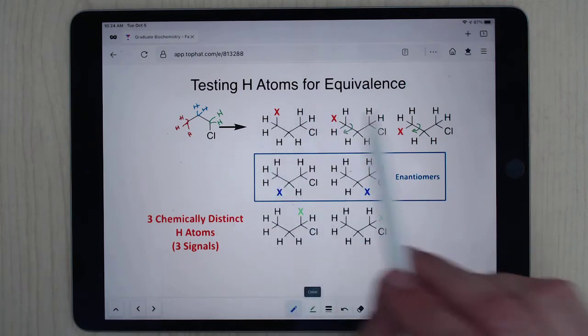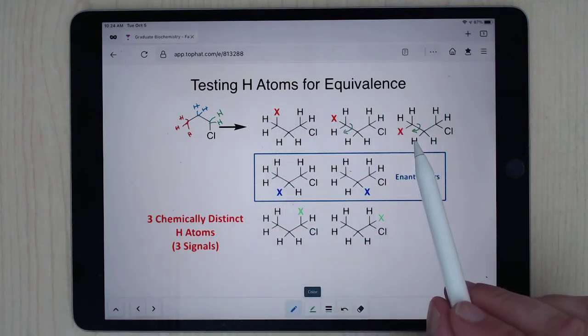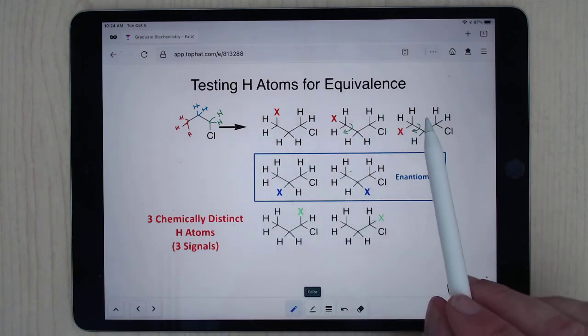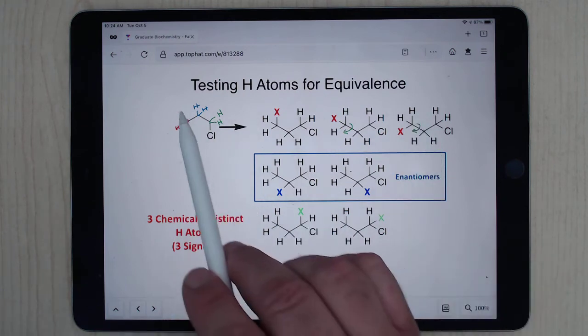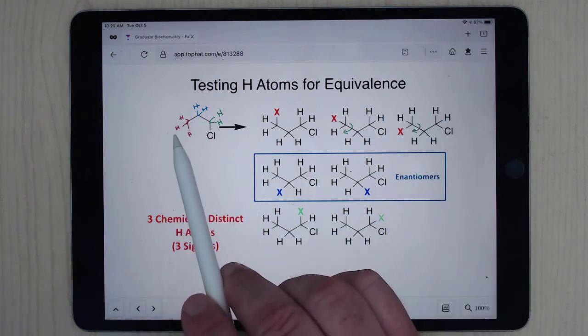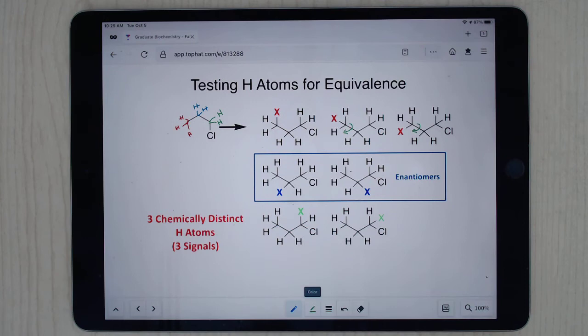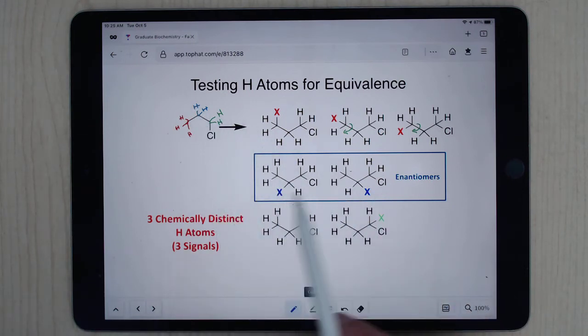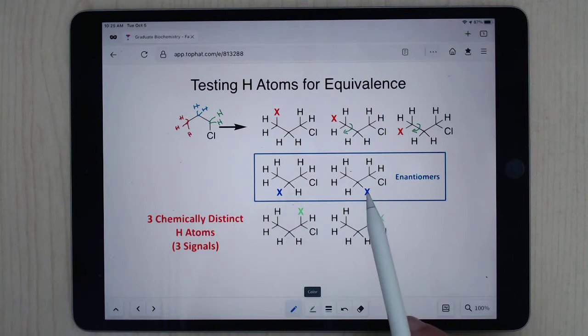So that means each one of these red ones is equivalent to each other. So these red ones are going to be a set. They're going to give a single signal. If instead we look at the blue ones, if we compare an X here versus an X here, these two are enantiomers of each other.